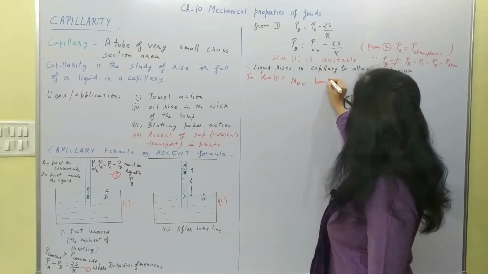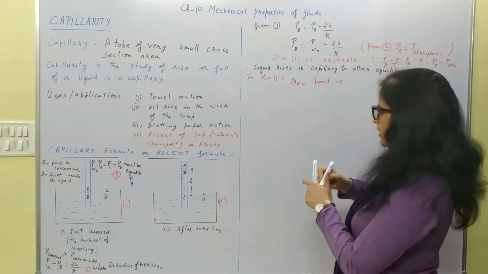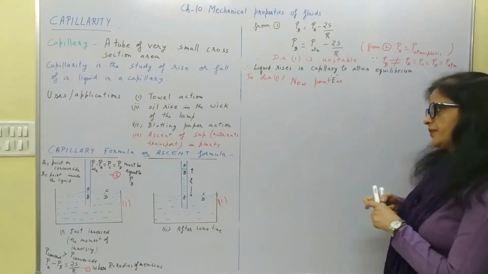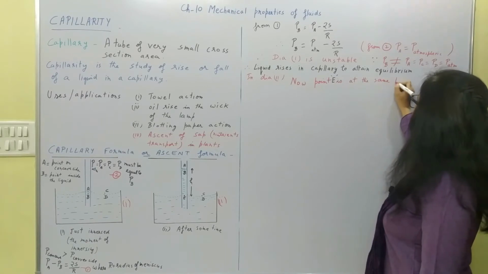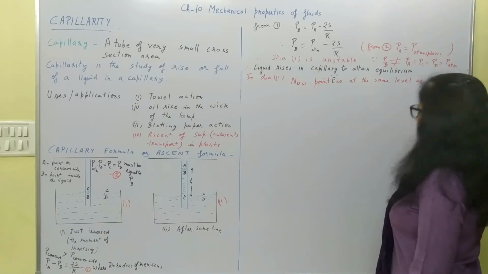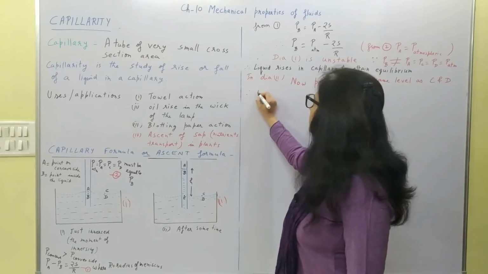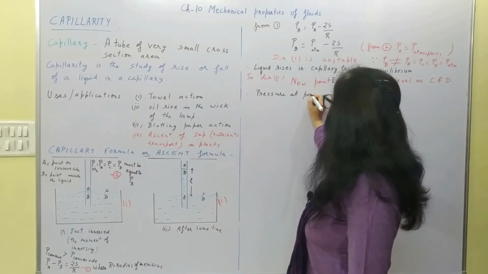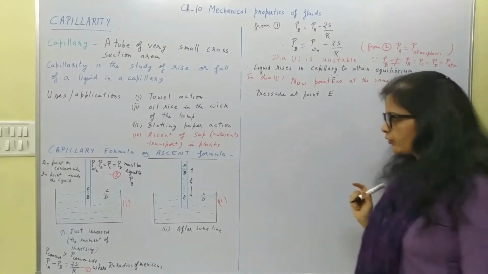Point E is at the same level as C and D. And pressure at point E, how can we calculate that?